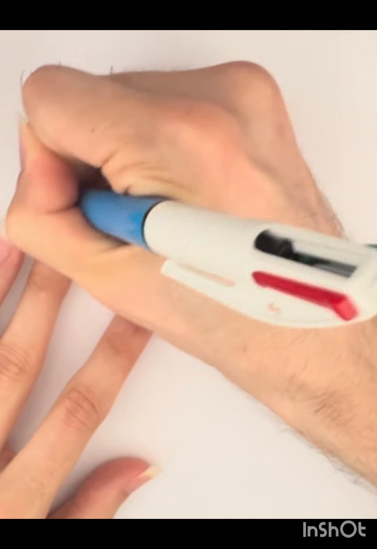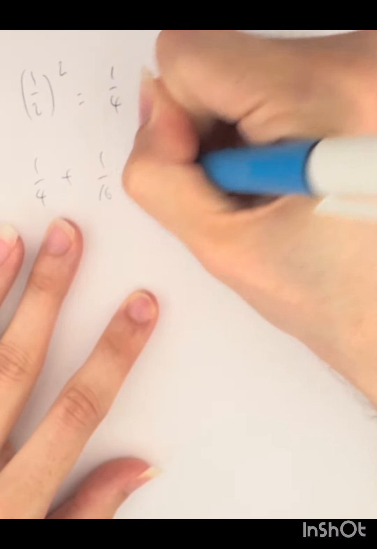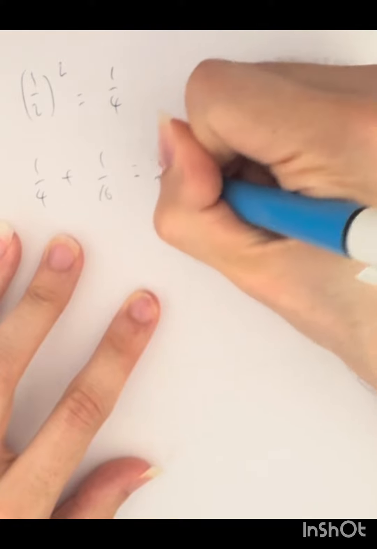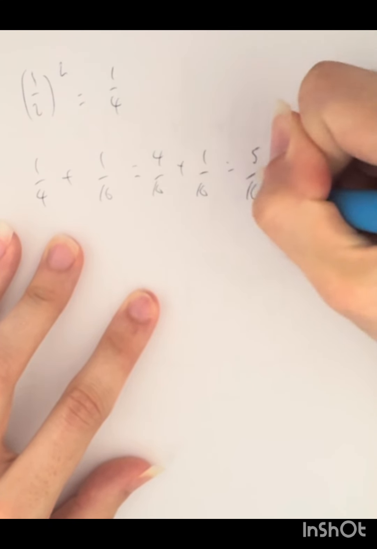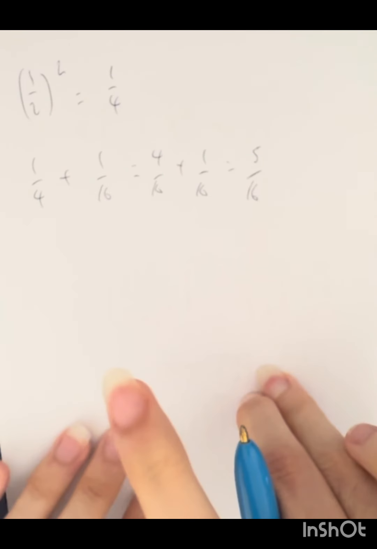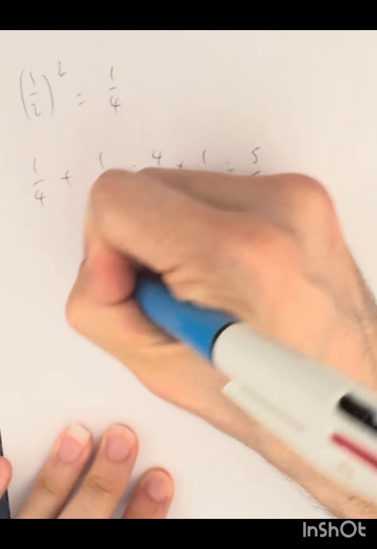And then we've got 1/4 plus 1 over 16, which equals 4 over 16 plus 1 over 16, which equals 5 over 16. And 5 over 16 is an option. It's option E. So my final answer will be E.